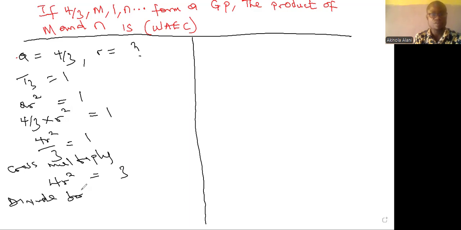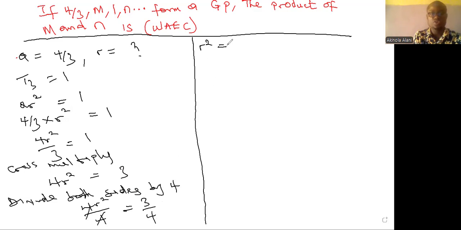I'm going to have 4R squared over 4 is equals to 3 over 4. So 4 cancels 4 here. In that case, R squared is equals to 3 over 4.